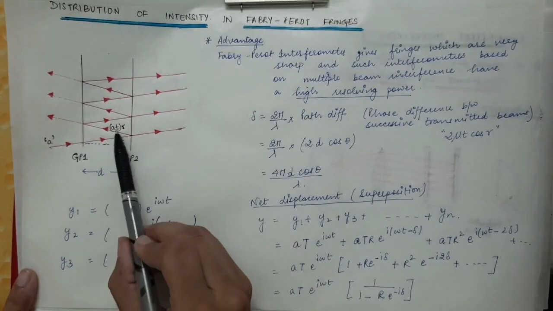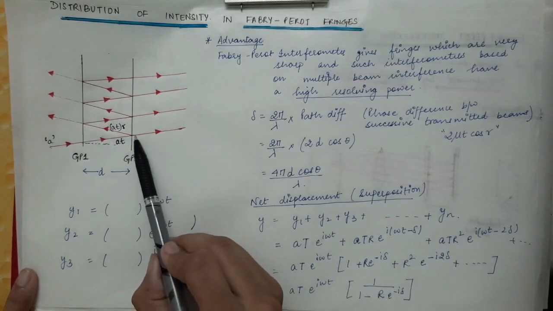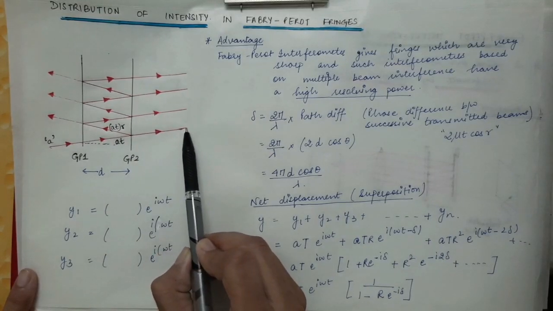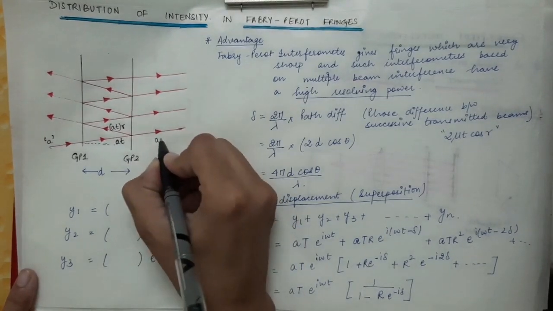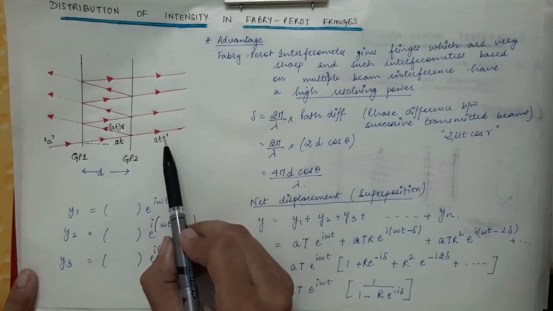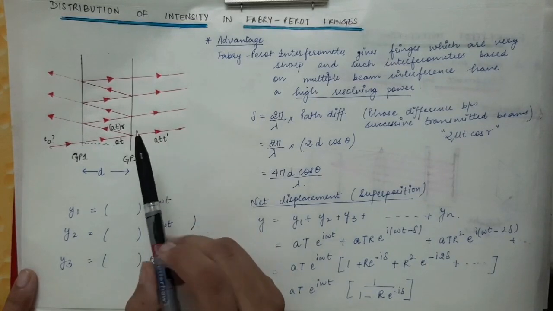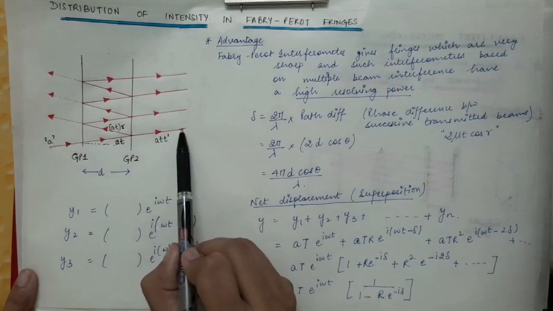So this will be the amplitude of the first reflected ray, and the amplitude of the first transmitted ray will be equal to A into T times T prime. T prime is the amplitude transmission coefficient when the ray is getting transmitted in the third region.